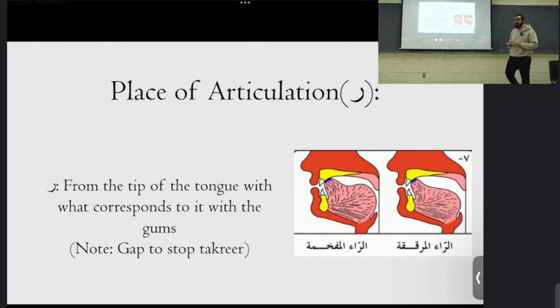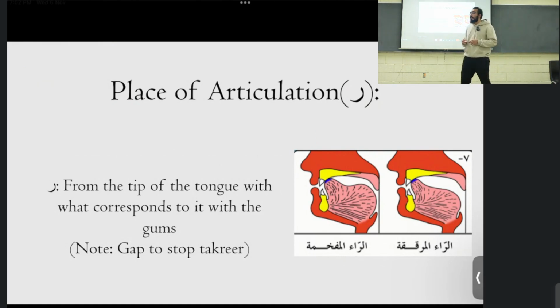Yes. Can you give an example what zero takrir would look like? No, immediately. So the takrir, that's zero takrir. One takrir will be ar. You hear the first one? Ar. You hear the first one.